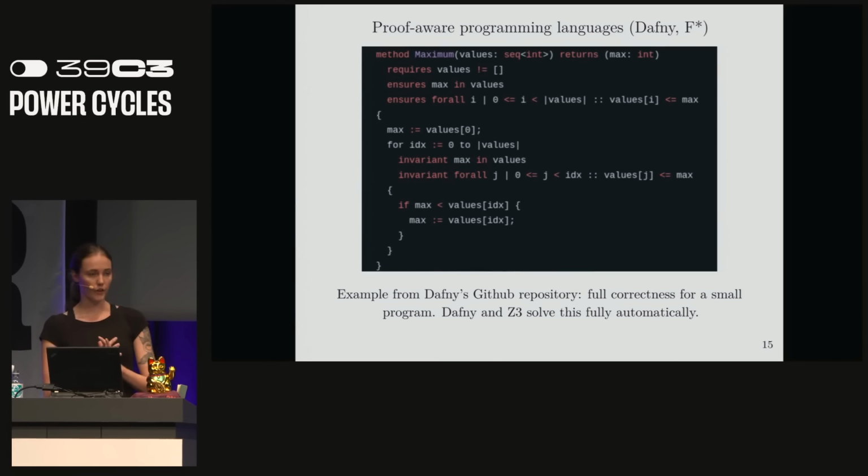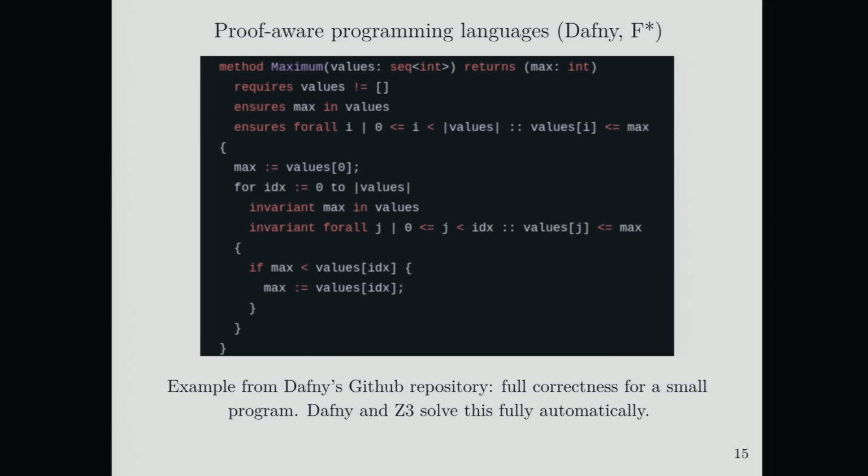You can go even farther if you're not committed to using C, for example. This is Dafny, what's called a proof-aware programming language. In this case, it's a programming language that's designed specifically to enable verification. So if you look here, we have a similar kind of requires and ensures language as we saw on the last slide, but now we're not just talking about which memory I'm modifying.